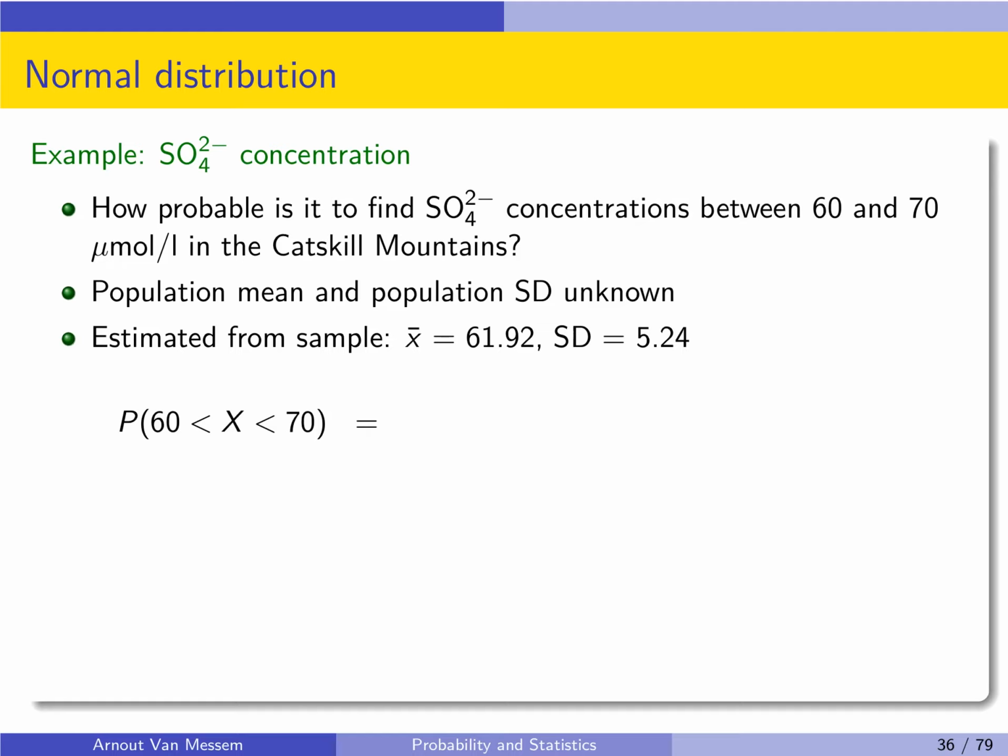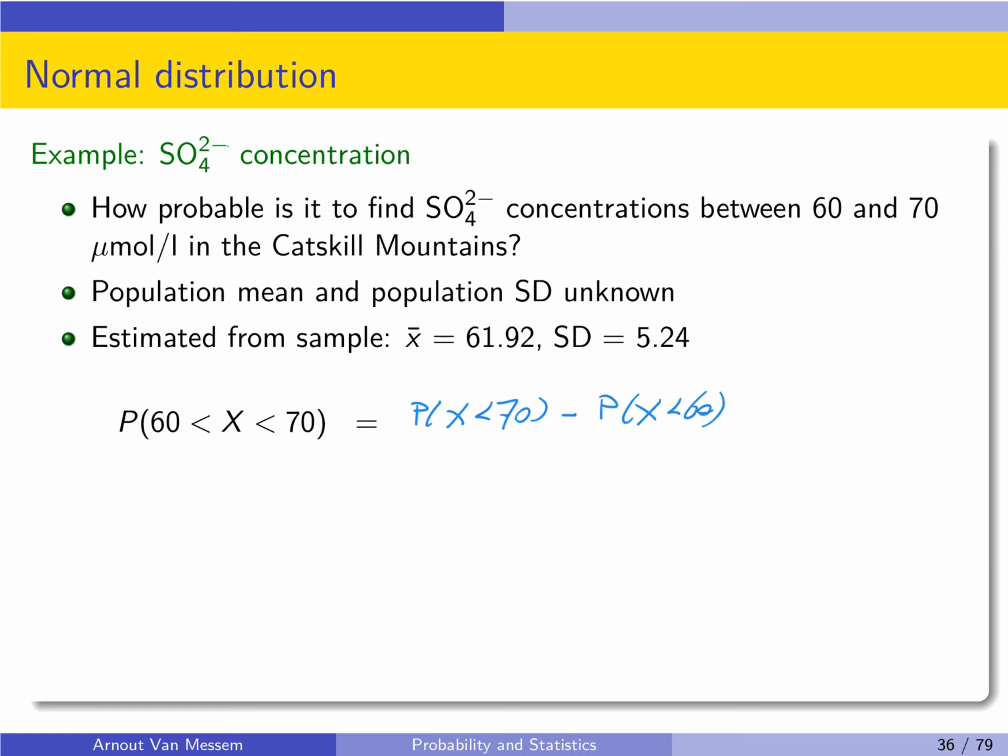We estimate them from the sample, so we get a sample mean of 61.92 and we get a sample standard deviation of 5.24. Then calculate the probability that x lies between 60 and 70. So the probability that x lies between 60 and 70 is the probability that x is smaller than 70 minus the probability that x is smaller than 60.